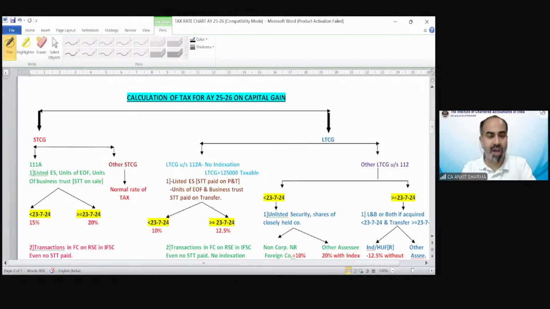After reading this chart, maybe you will feel this chart is also complicated, because multiple rates are there in case of capital gain. But I assure you, if you go once or twice through this chart and then learn the concept from the study material or notes, you will be able to understand everything. I promise you.